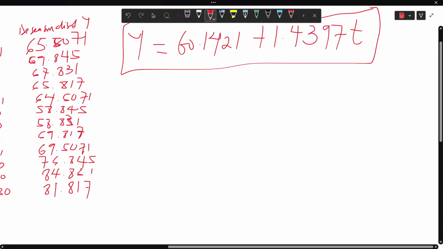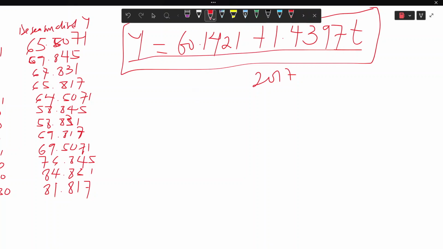So for 2017, based on this equation, it was based on the deseasonalized values, so any value you are going to find is deseasonalized.